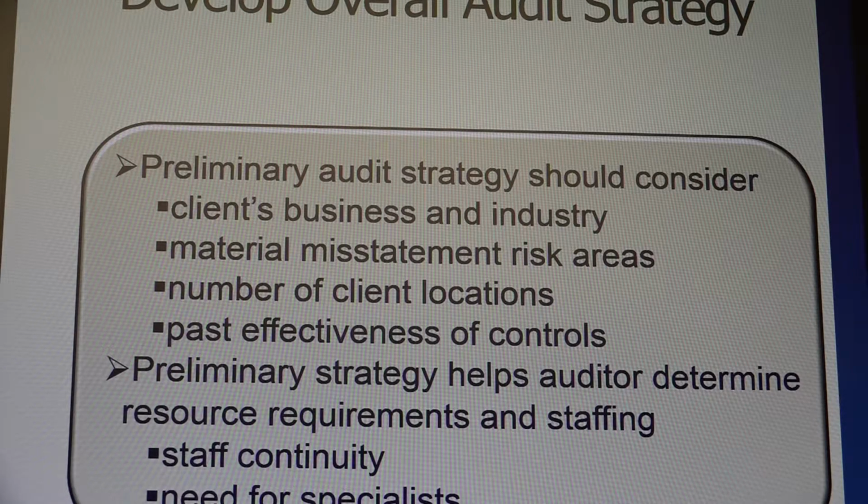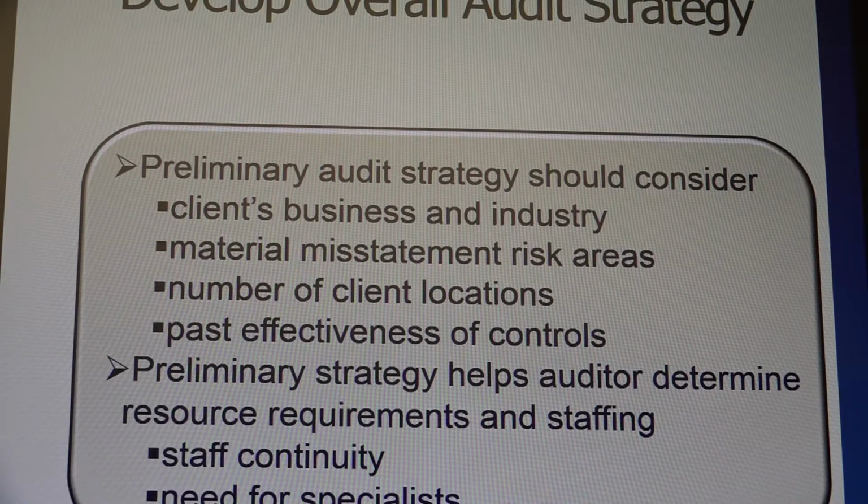This preliminary audit strategy should consider the client's business and industry. It should consider what material misstatement risk areas there are within the company, the number of client locations, and past effectiveness of controls.